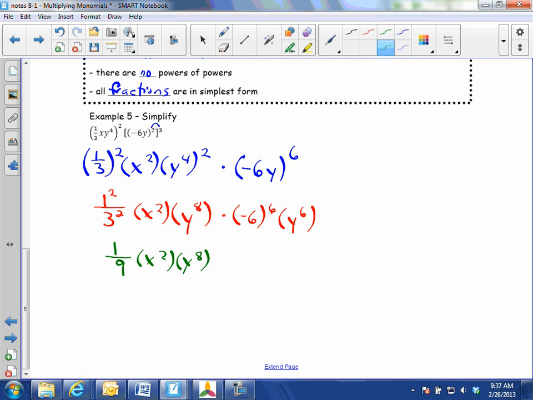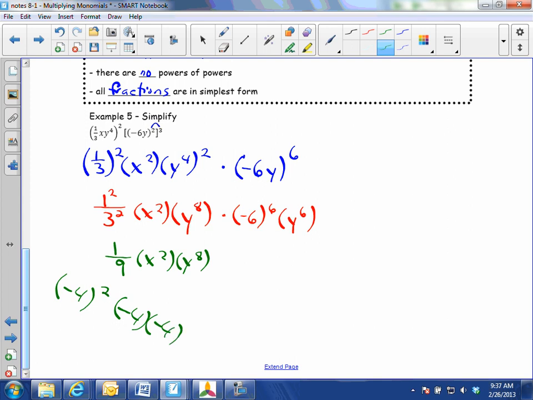How about this negative 6 to the 6? Now, be careful, hang on for just 2 seconds, because let's think, I'm just going to make something up. If I have negative 4, inside parentheses, the whole thing squared, that means I'm taking negative 4 times itself, right? What's negative times a negative?